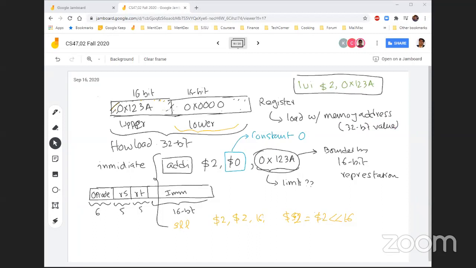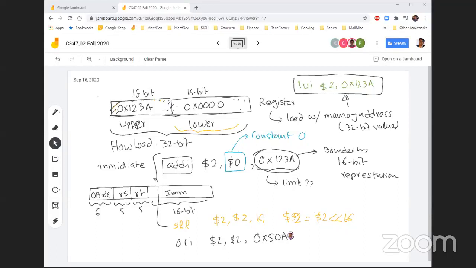At that point, the assembler uses one instruction to load that value onto the upper half, and for the rest of the bits it uses something like ORI $2, let's say you do something like this, 50AB.